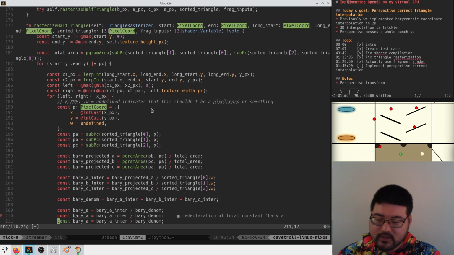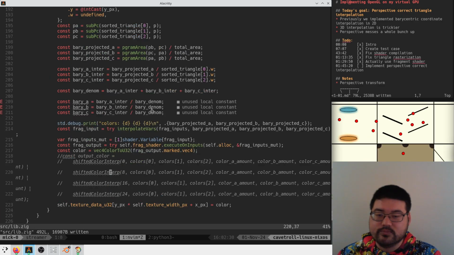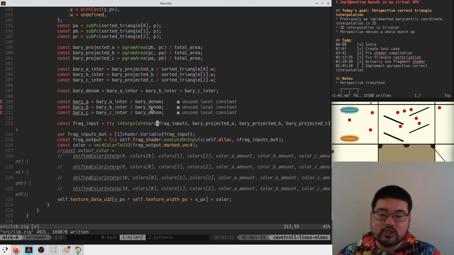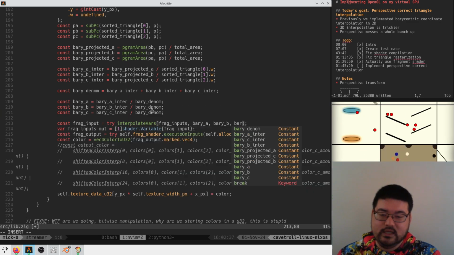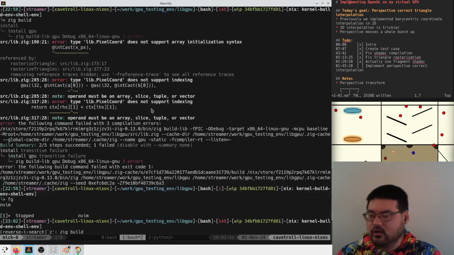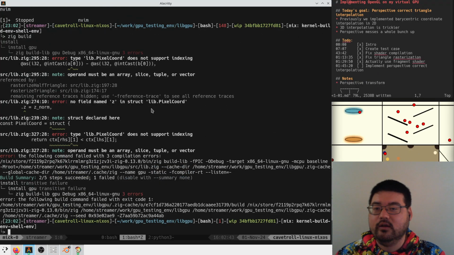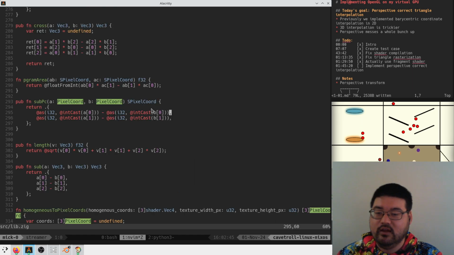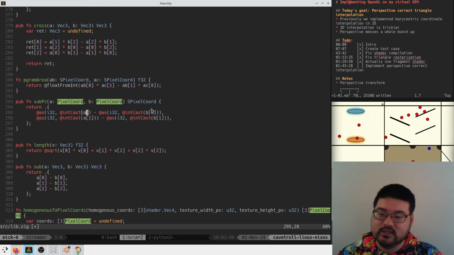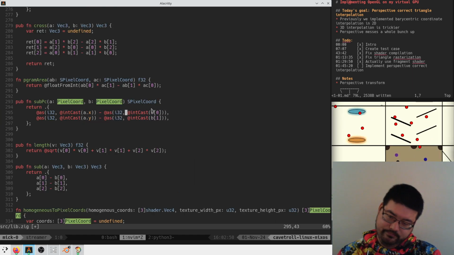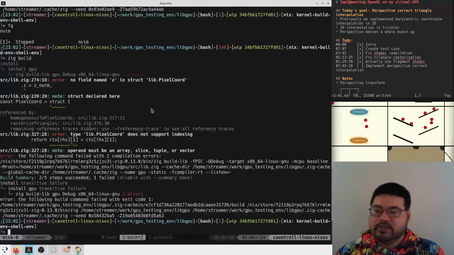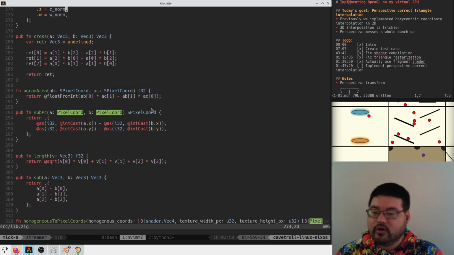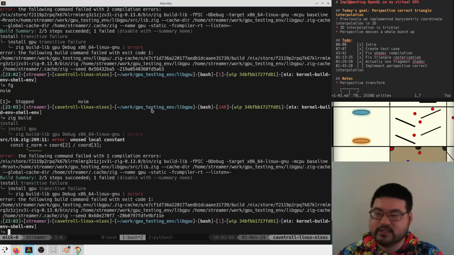And we can do this for A, B, and C. Which means that now we can interpolate the variables with Bary A, B, and C. And maybe that's it, right? It seems possible. 295. This thing's mad because anything that was indexing a 0 now uses a named thing instead. Which is fair. We forgot to delete the Z attachment to this.